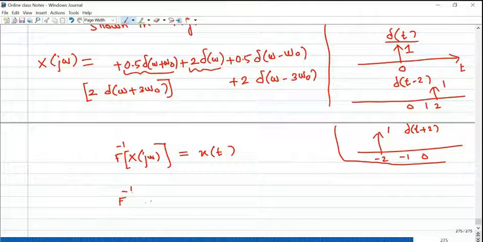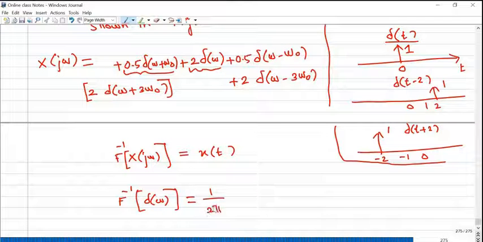So inverse Fourier transform of del of omega, this function, is 1 divided by 2 pi. Okay, for del of omega only. Next, inverse Fourier transform of del of omega minus omega naught.